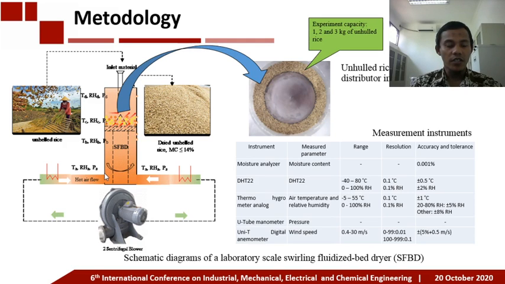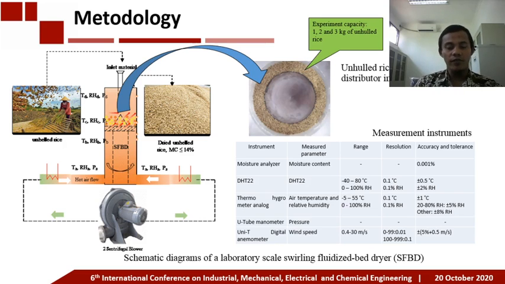We have 30 blades with 15 degrees of blade inclination for unhulled rice distribution. We installed it here, and we have a feeder at the top of the drying chamber. The height of this dryer is 1000 millimeters and 300 millimeters in diameter.